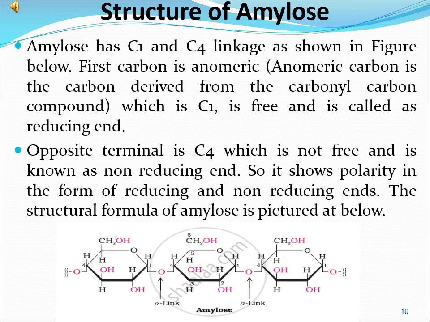The structural formula of amylose is pictured below, in which 1 carbon of one glucose unit combined with the 4 carbon of other units to produce alpha link, and the bond name is alpha 1,4 linkage or glycosidic bonds.